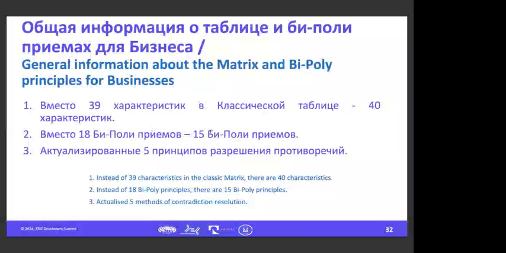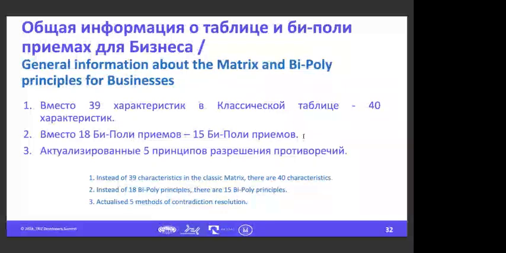And by doing that, we reduced some quantity of bipolar principles. For example, the colors and so on, because we cannot transfer them to the business system, or it would require a large volume of imagination or fantasy, as we call it.